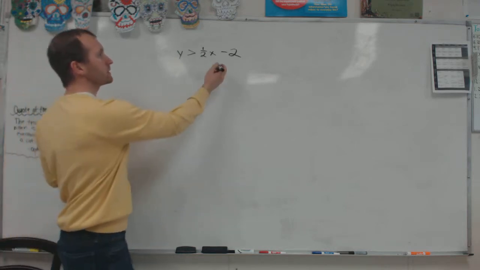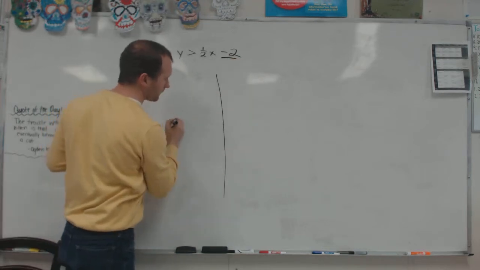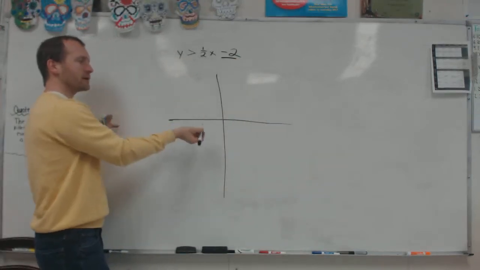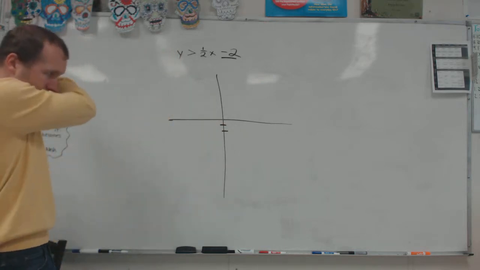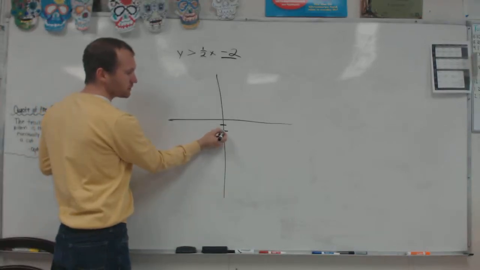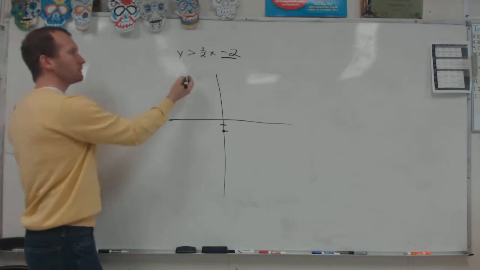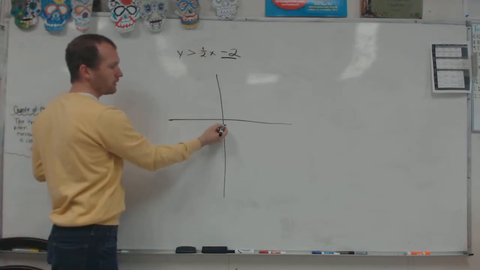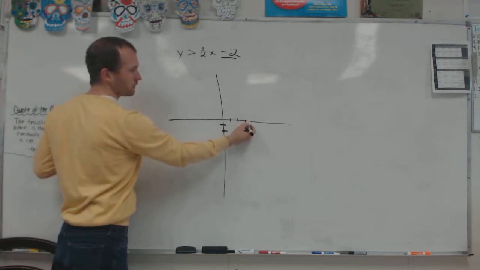We're going to look at this y-intercept. On our graph, it tells us how far to go up or down the y-axis. In this case, we go down 2. That's our first point. And we're going to look at our slope. Up 1 over 2.